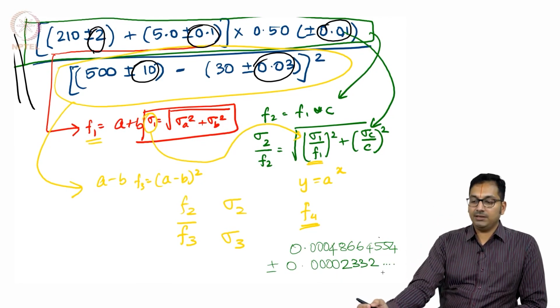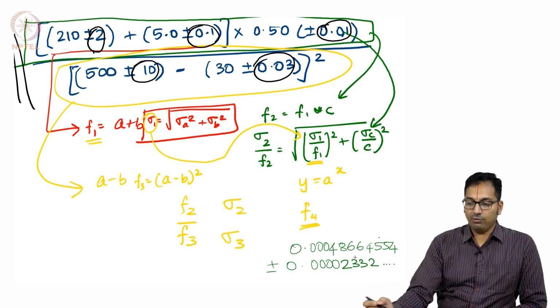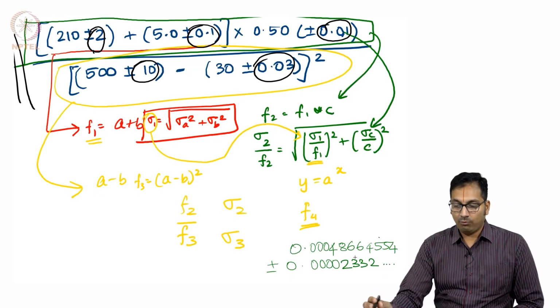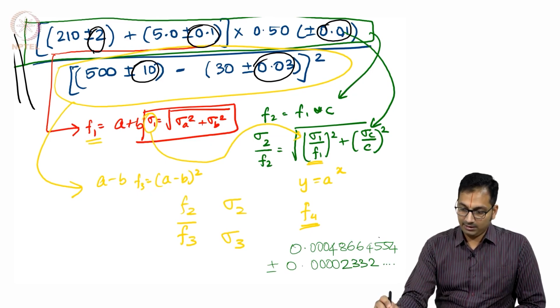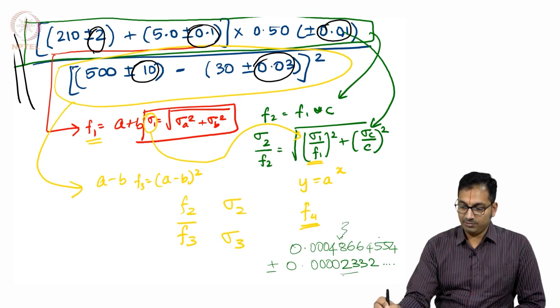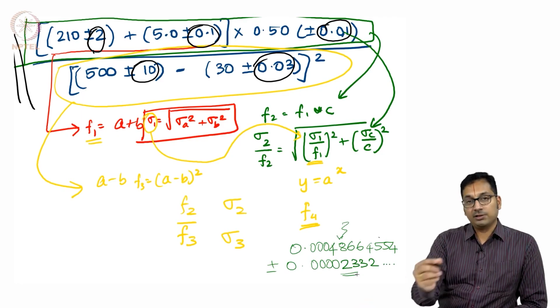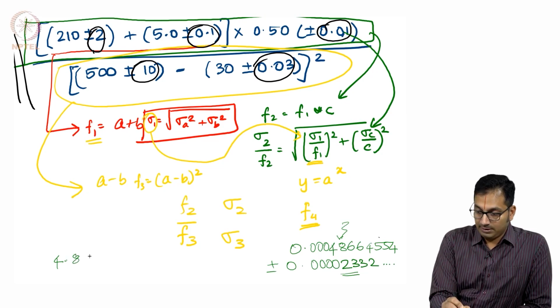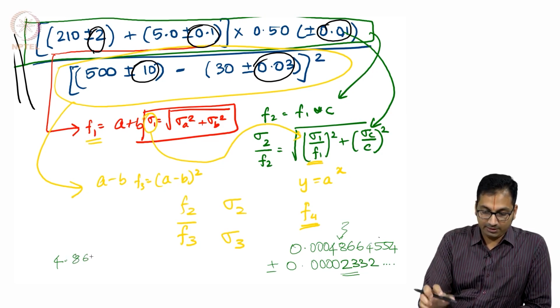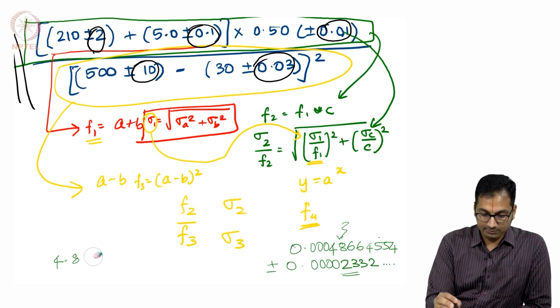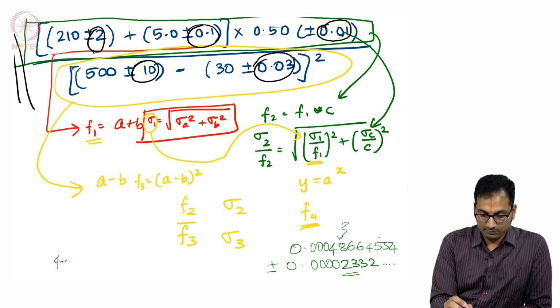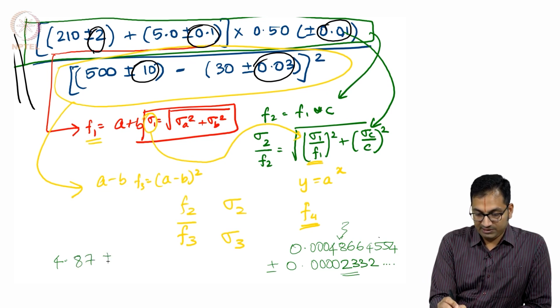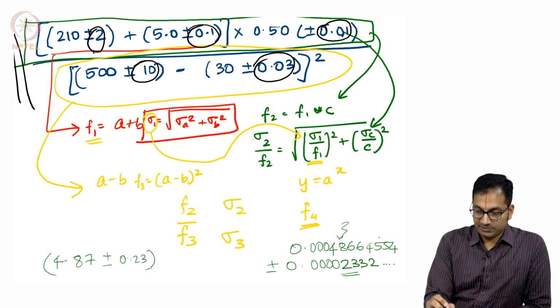After all this arithmetic, we are able to realize the uncertainty comes in this given value because these two digits are what is uncertain. So the final answer for this problem would be 4.86. Actually, you can write it as 4.87 plus minus 0.23 times 10 power minus 4.